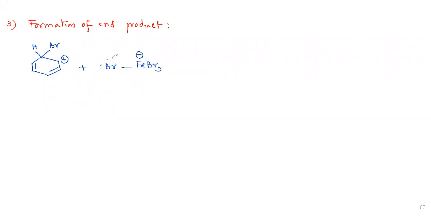This Br has all 7 electrons, what it has to have. Now, say this bromine will just take out the hydrogen without the bonded pair, and the bond comes to the rescue of the positive charge, right?